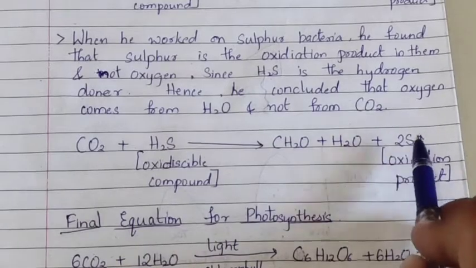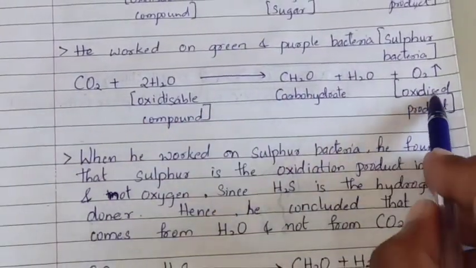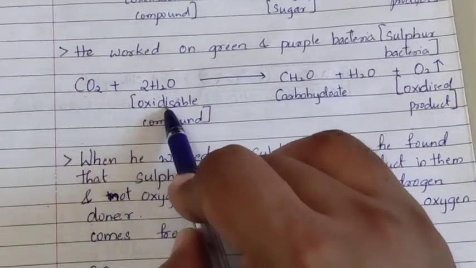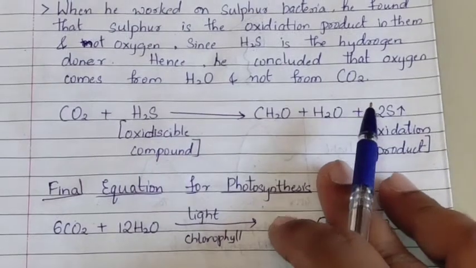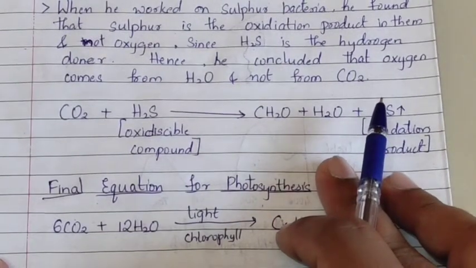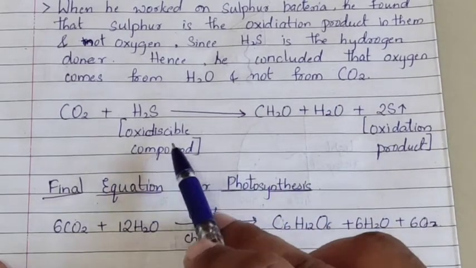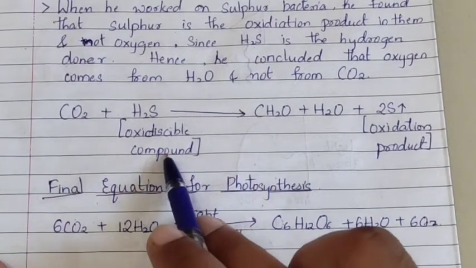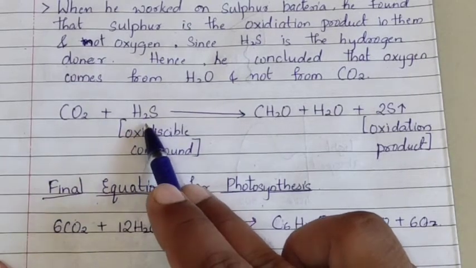So the oxygen released by the normal process of photosynthesis in plants is coming from the water and not from the carbon dioxide. By this particular experiment we can make the conclusion about where the oxygen is liberated from: it is liberated from the water, because in this experiment the sulfur bacteria use hydrogen sulfide in place of water.